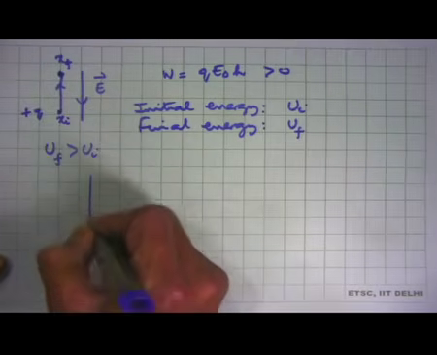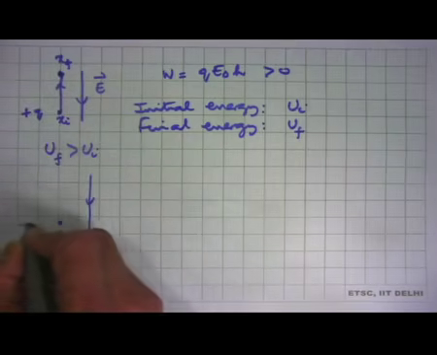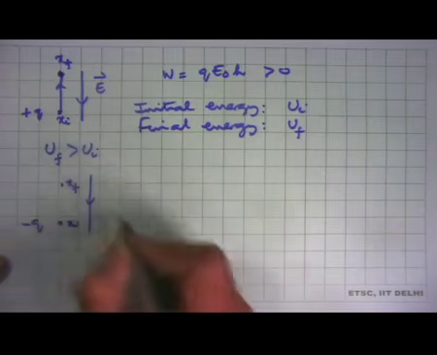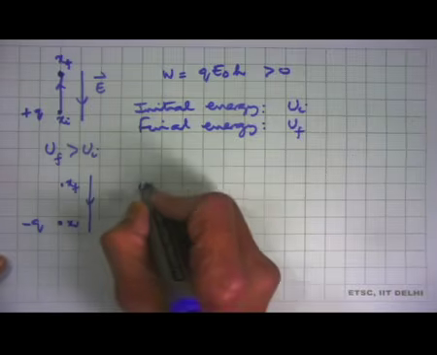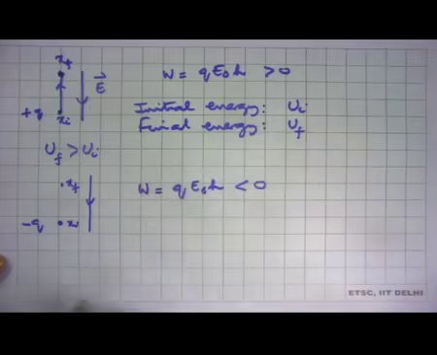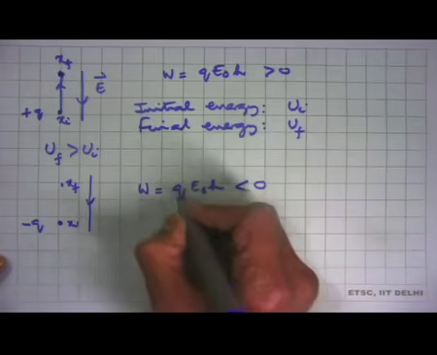Now, what will happen if the charge was negative? If the charge was minus q, again xi to xf. In this case the work done, qE₀h, is less than 0, because q is negative here.